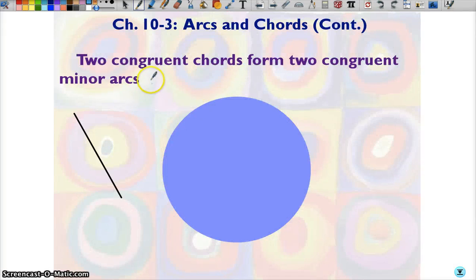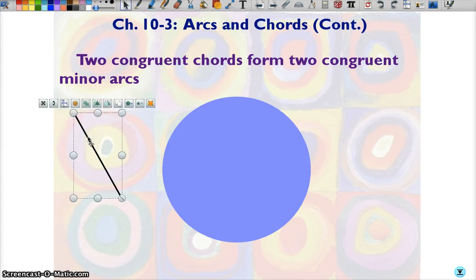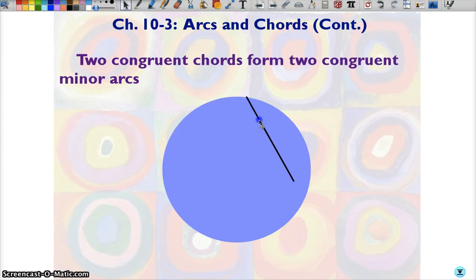Now we have a couple of theorems. The first one that we're going to talk about is two congruent chords form two congruent minor arcs. So let's say I go ahead and put this arc in on this circle right here. Okay? Now you will notice that yes, this is a straight line and we know the line is 180 degrees.